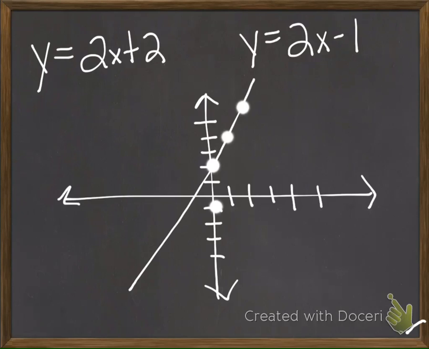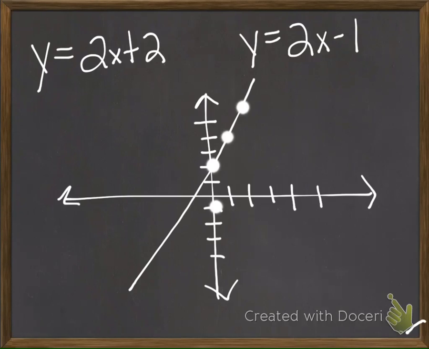And what did we learn about parallel and perpendicular lines? If they're parallel, their slope is what? If they're parallel, the slope is the same. If they're perpendicular, then the slope is what? Opposite reciprocal, which would be, if it's positive, it's negative, and if it's 2, it would be 1/2, okay?